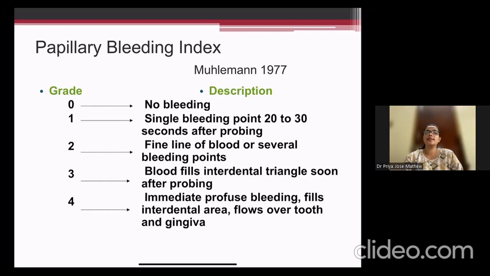In this, the scoring is: 0 means there is no bleeding; 1 means there is a single bleeding point, 20 to 30 seconds after the probing; 2 means there is a fine line of blood or several bleeding points; and 3 means blood fills the interdental triangle soon after the probe; and 4 means immediate profuse bleeding, which fills the interdental area and flows over the tooth and gingiva. So this is Muhlemann, 1977.